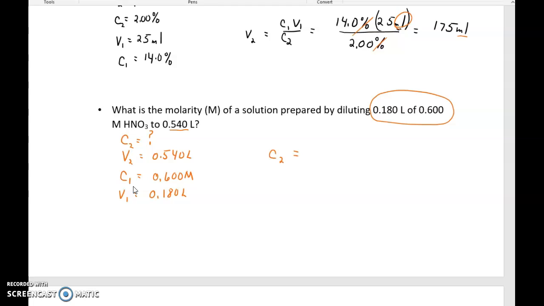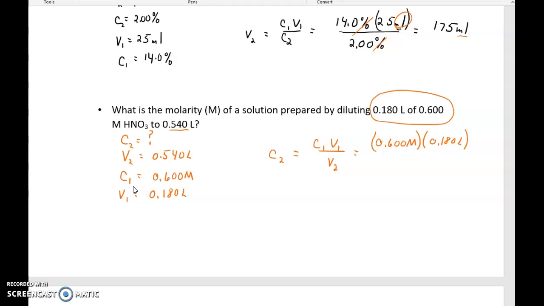C2 is going to be equal to C1 V1 divided by V2, and then we can just fill in. Initial concentration is 0.600. And with all of these, units will not matter as long as you're consistent so that they will cancel.